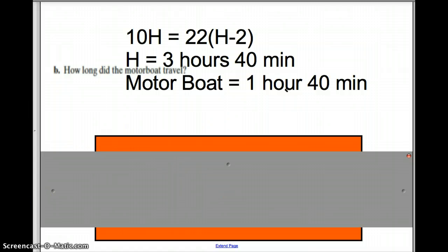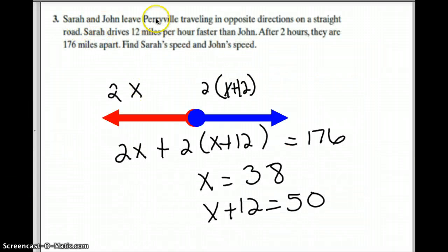We then have Sarah and John. They're leaving Perryville. Again, these are traveling in opposite directions, so their total distance is going to be the 176. So if 2 hours is my time, my rate is X for Sarah.